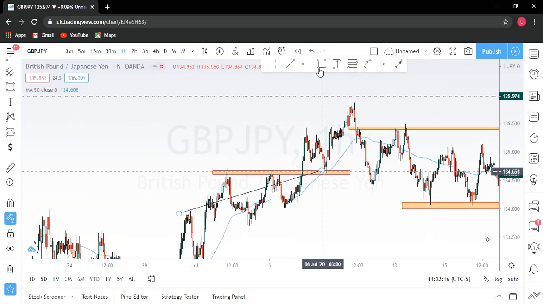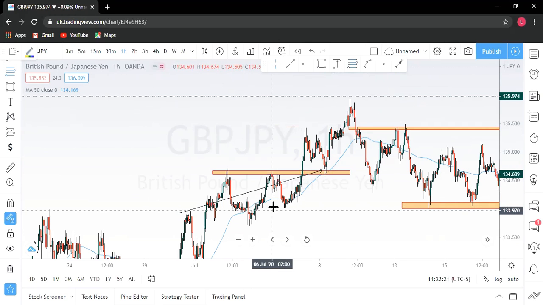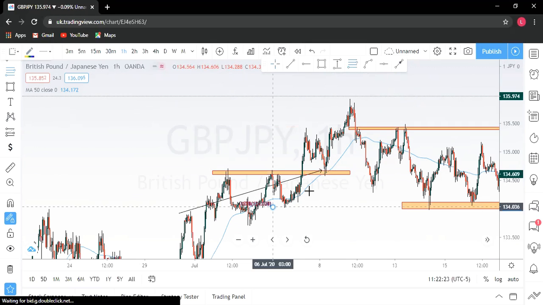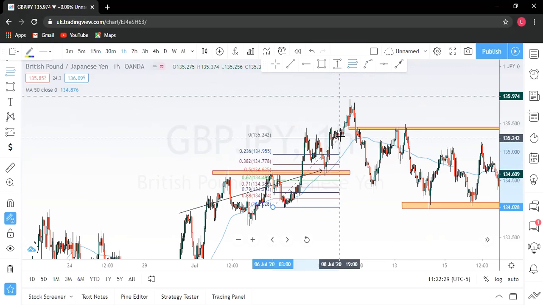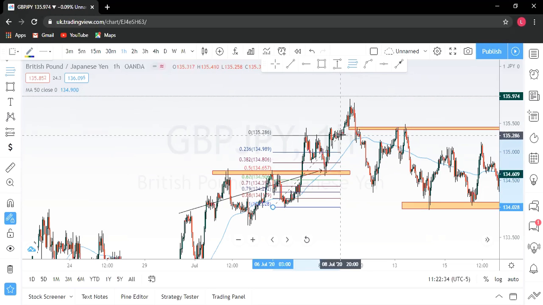So now let's take our Fibonacci to see if our Fibonacci is also acting as a resistance. So you take it from here, from this level that it started going up, then to this place that it started coming down. So let's see if it actually falls under our 0.5. So let's look at it.